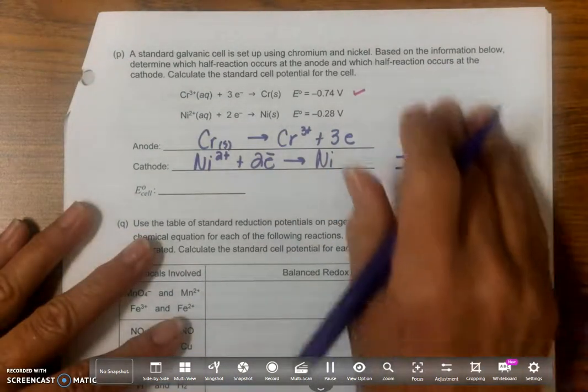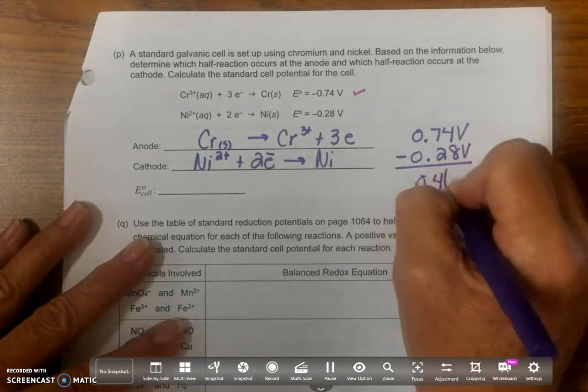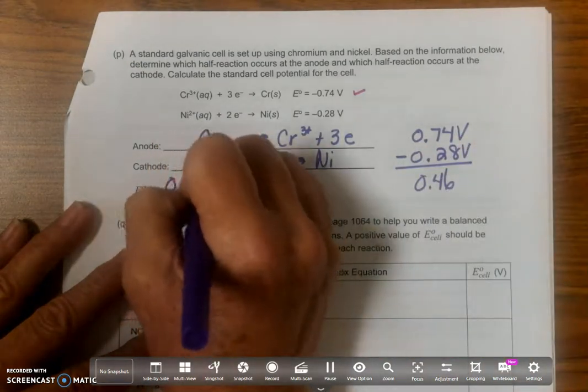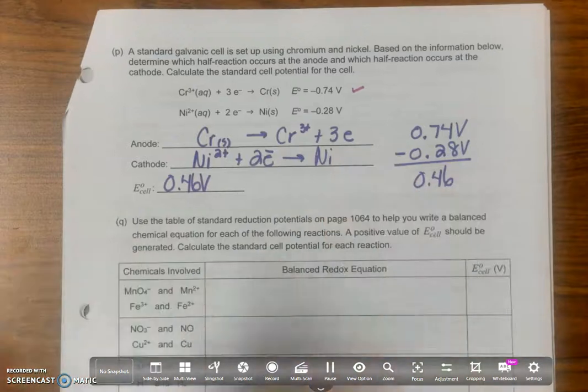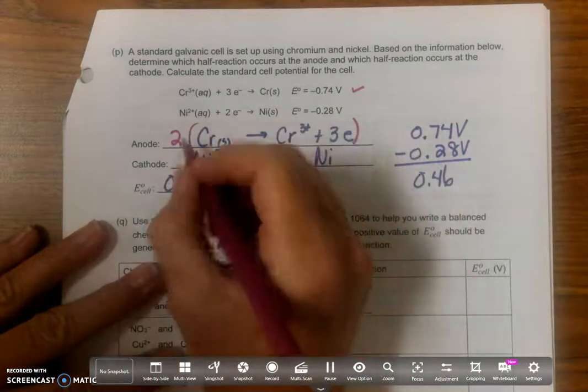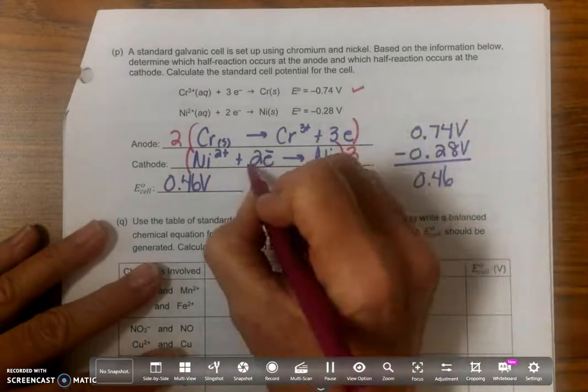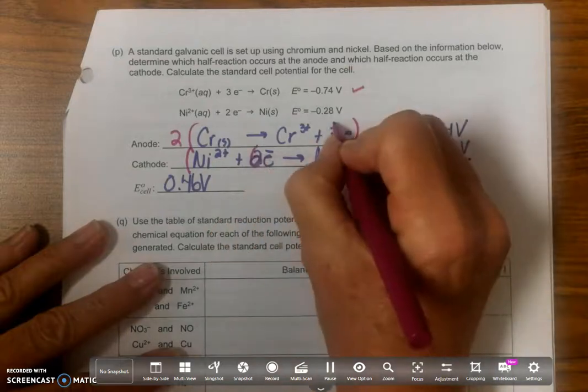We know that no matter what we do from here on out, the value for this is going to be 0.46 volts. But we do have a problem in that if we're asked to write the equation, I've got some problems here. I'm going to have to multiply this by 2, multiply this by 3. That will make this a 6.